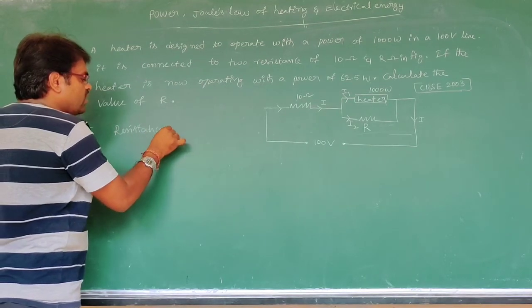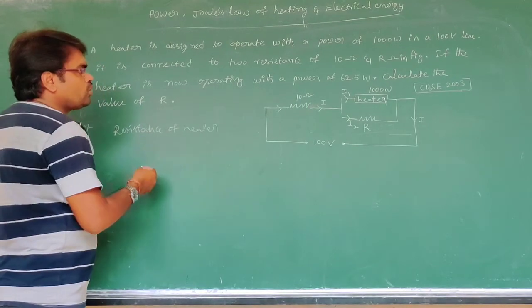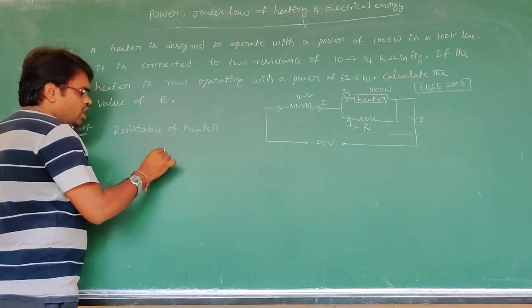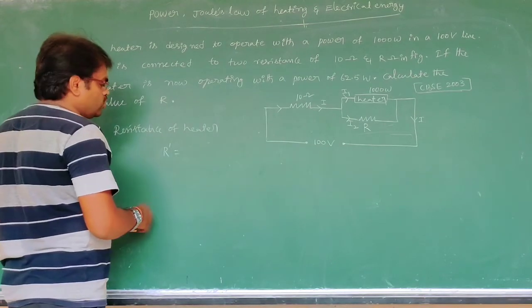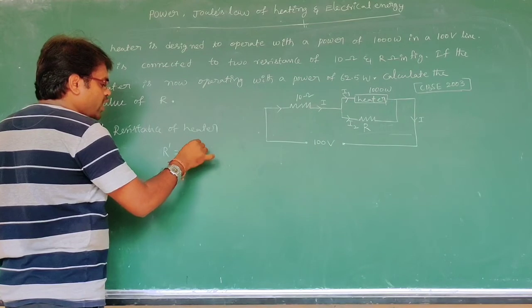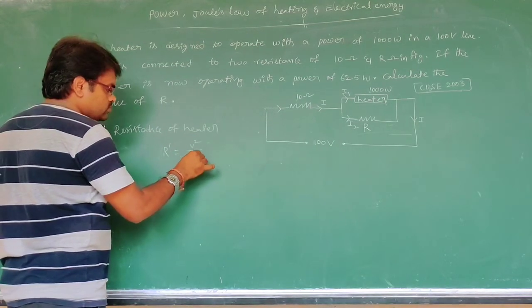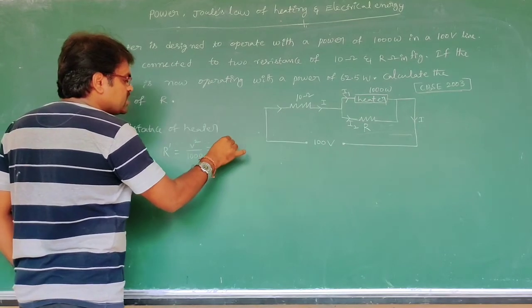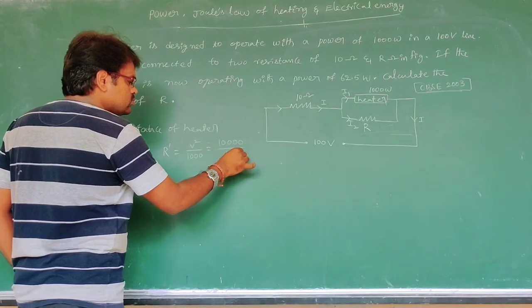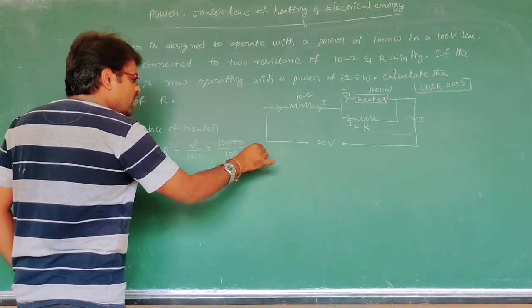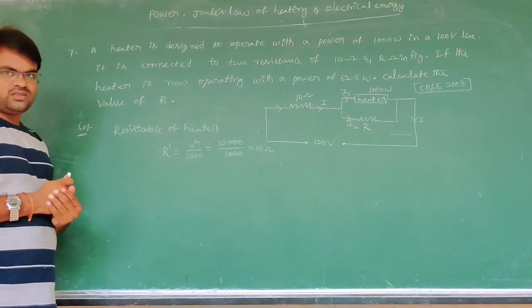R dash is equal to V square by P, that is 100 into 100 by 1000, that is 10 ohms. This is the resistance of the heater.